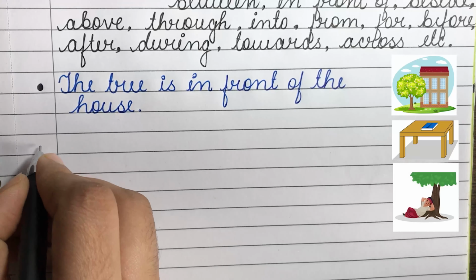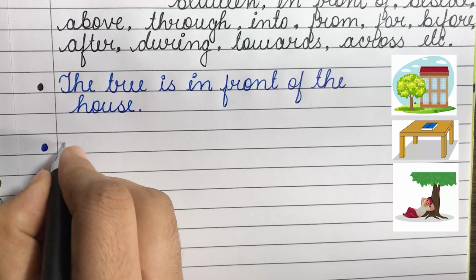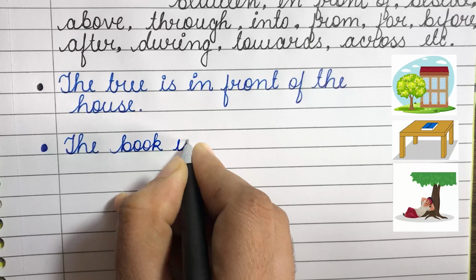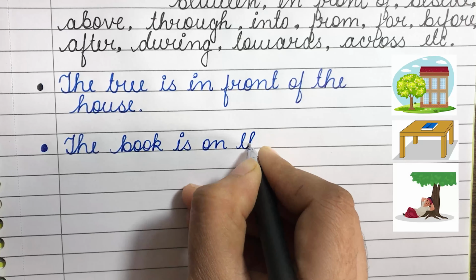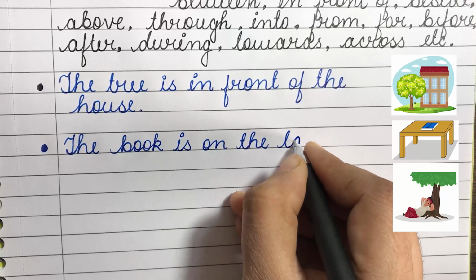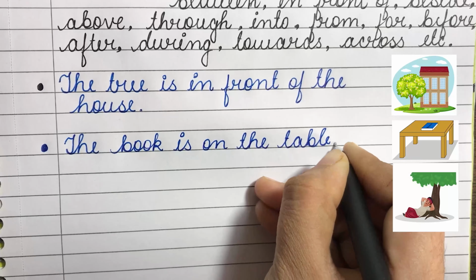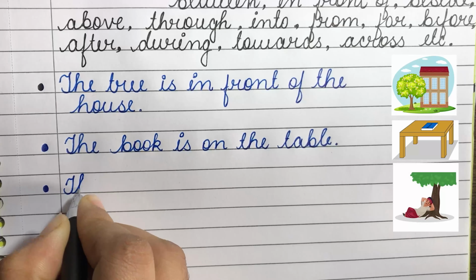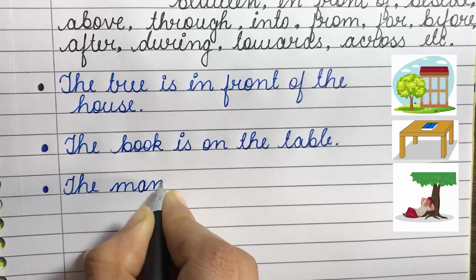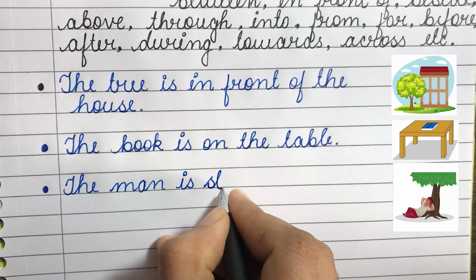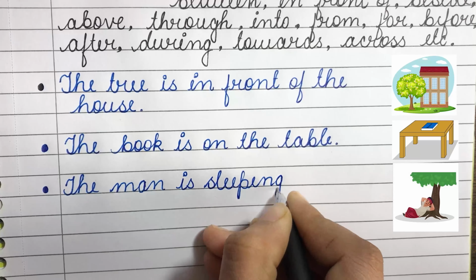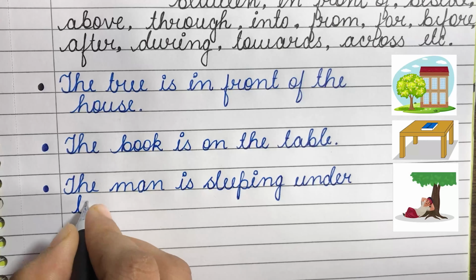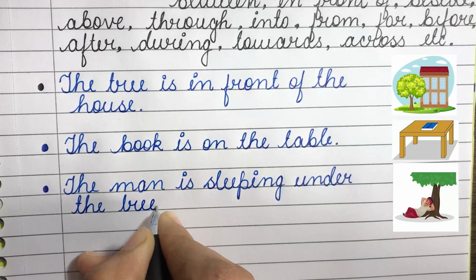Next is, the book is on the table. Third one is, the man is sleeping under the tree.